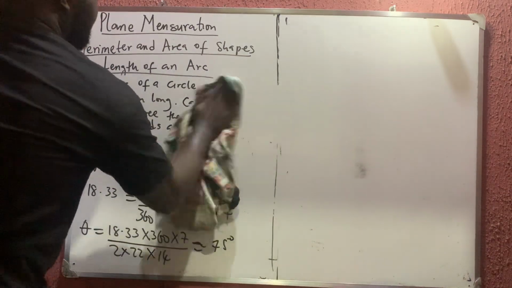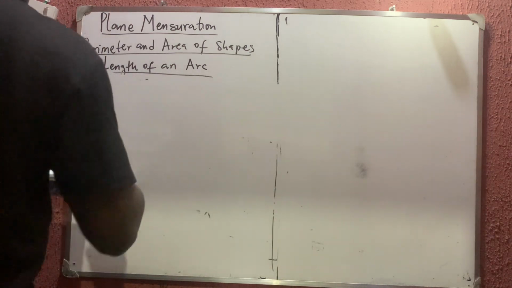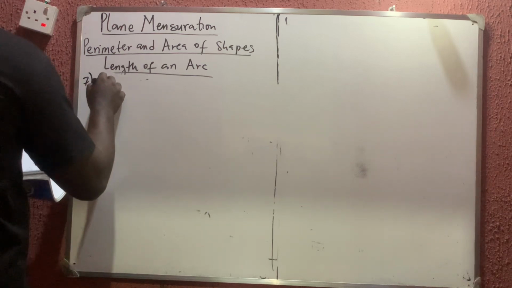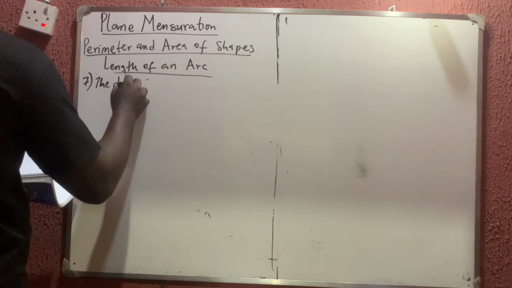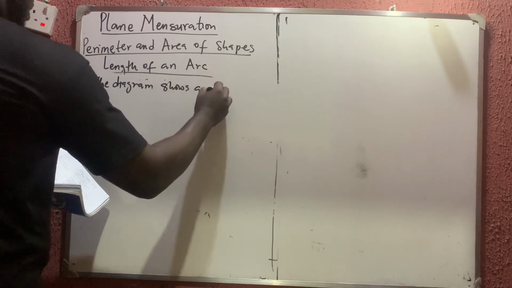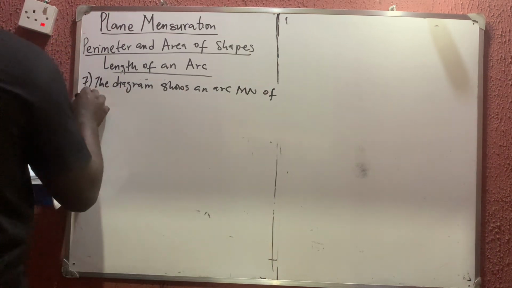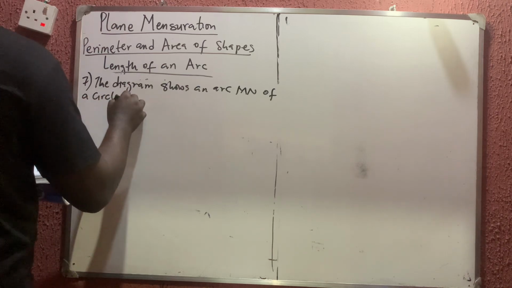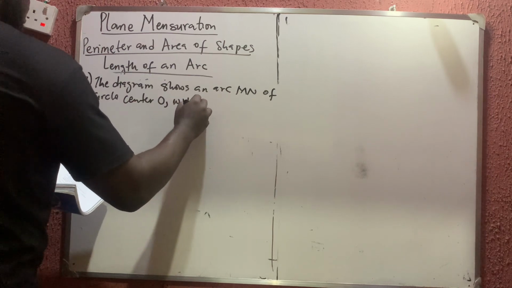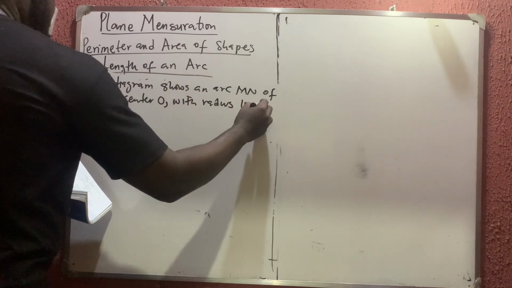Question number 7. See, all these things are very, very easy to solve. We're going to solve just 12 questions. Question number 7 said the diagram shows an arc MN of a circle center O, with radius 10 cm.